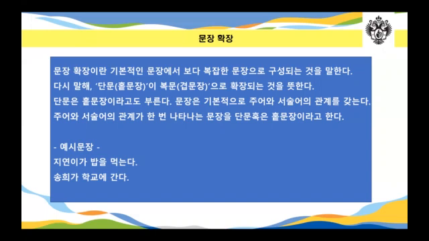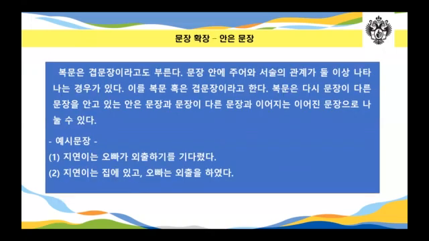Let's read all the example sentences together below. 지연이가 밥을 먹는다. 송이가 학교에 간다. The two sentences are single sentences or simple sentences. Okay, let's move on to the next page.